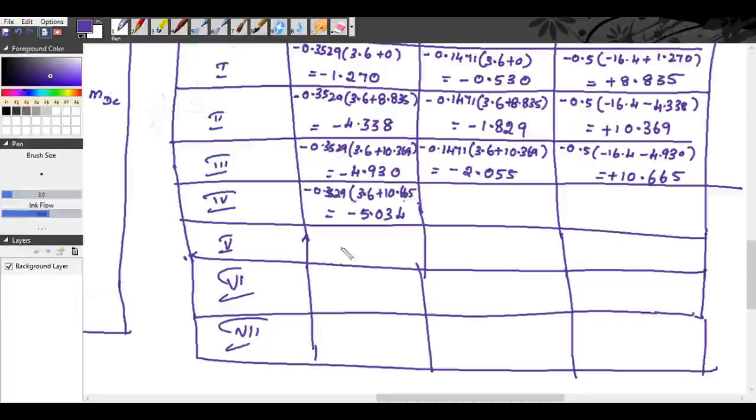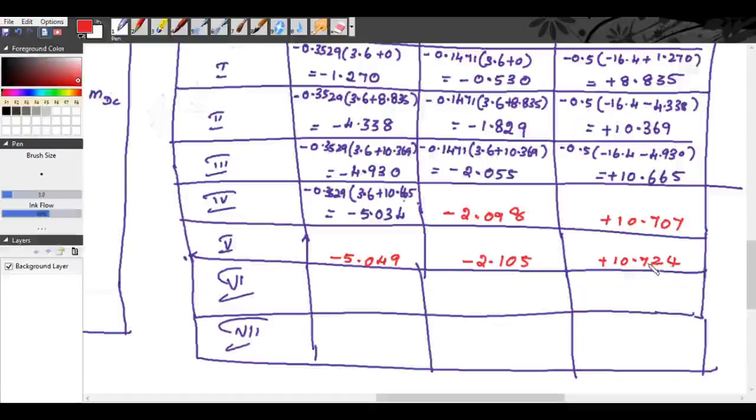So minus 5.034, the next values are, you can calculate, right? Please calculate. I will give you the values: minus 2.098, plus 10.707. Now for cycle 5, the values are minus 5.049, minus 2.105, plus 10.724.